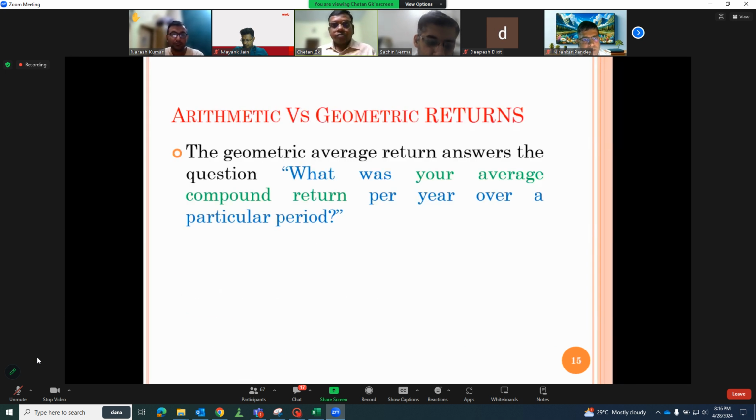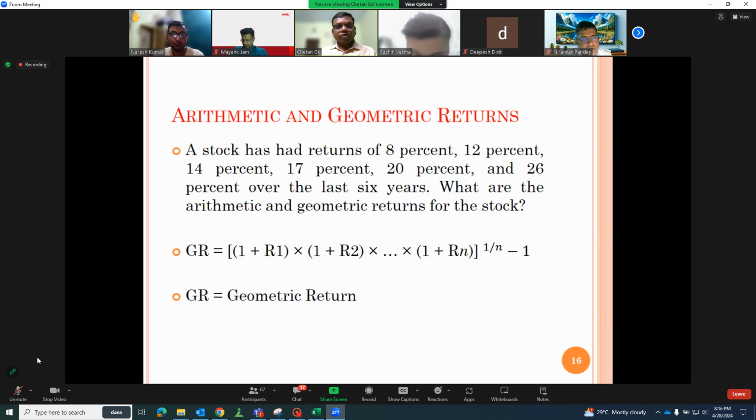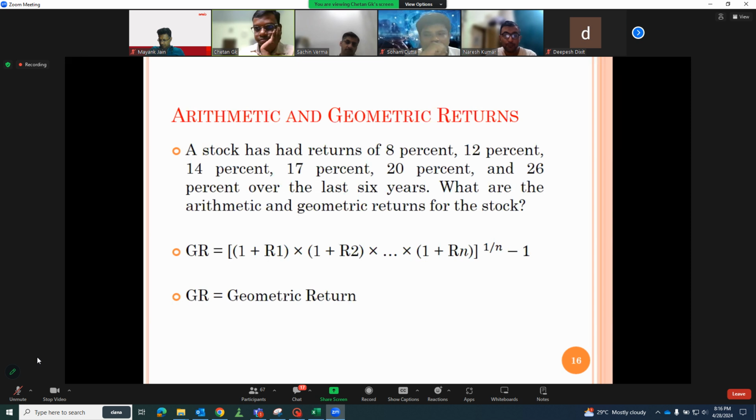Okay, so can you now compute this problem? Go to your Excel and compute this.